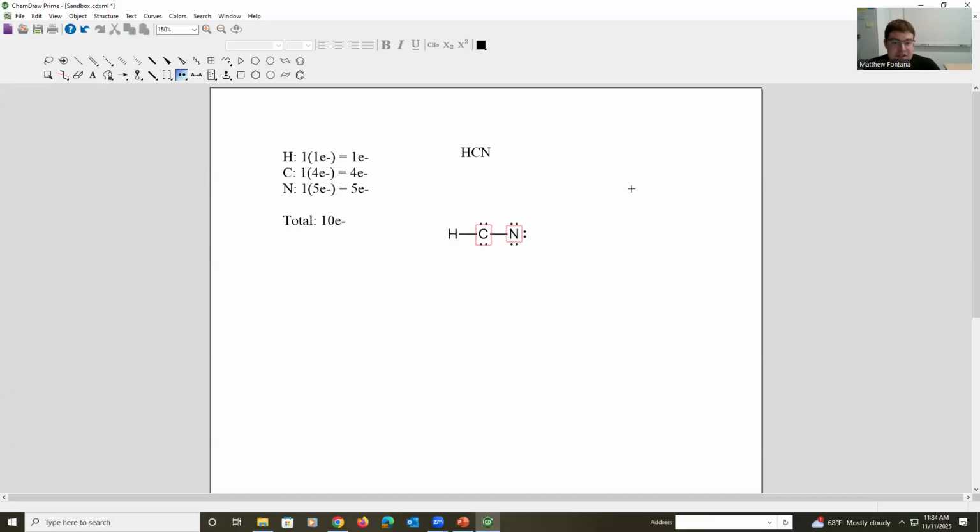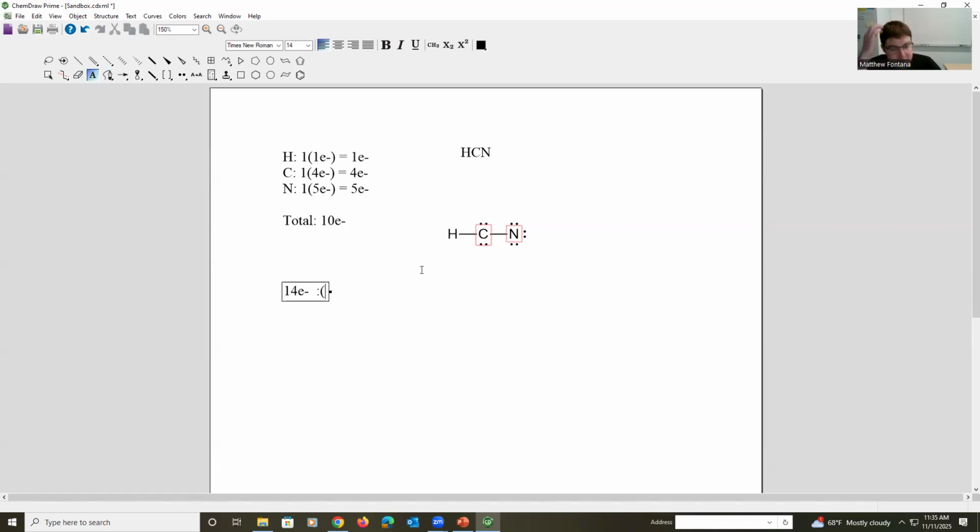Once you do this, you have a total of eight electrons on nitrogen, four on carbon, and two on hydrogen. If we add all that up, we get 2, 4, 6, 8, 10, 12, 14. So right now we are using a total of 14 valence electrons.